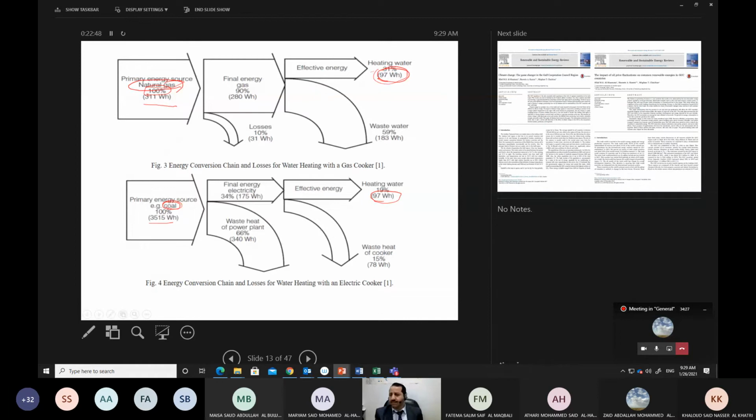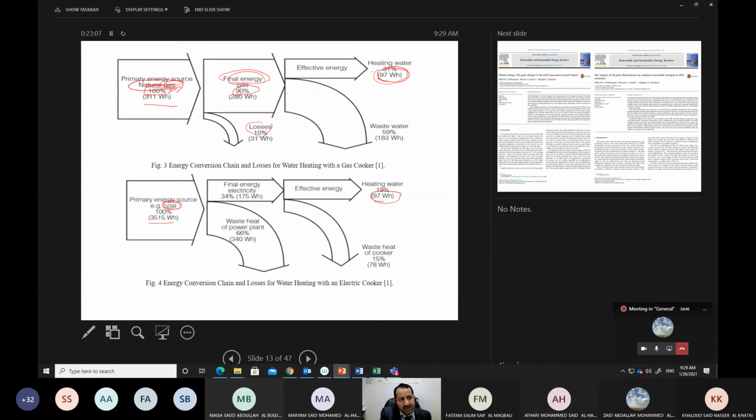Just a minute, why are they different? Well, they are different because of the technology, because of the losses. As an example, for natural gas, as you can see here, 90% will be converted into final energy. We lose 10%.